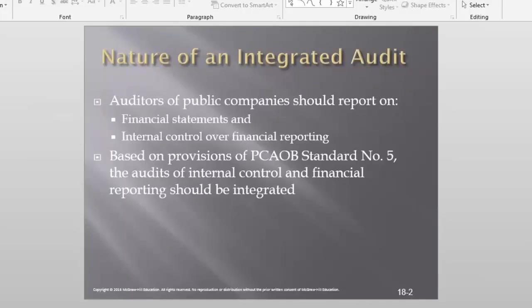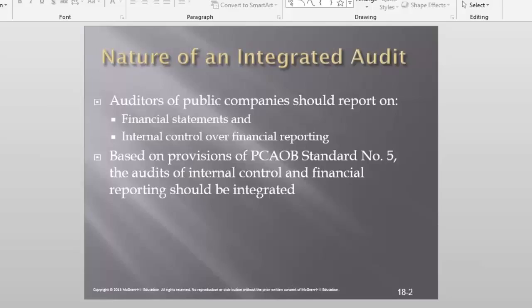An integrated audit is where the auditor is expressing an opinion on both the fair presentation of the financial statements as well as the controls related to the financial reporting.